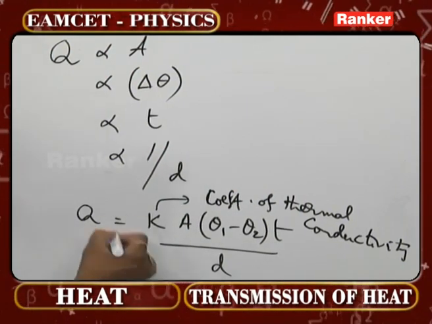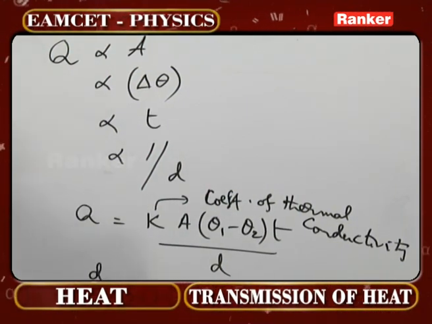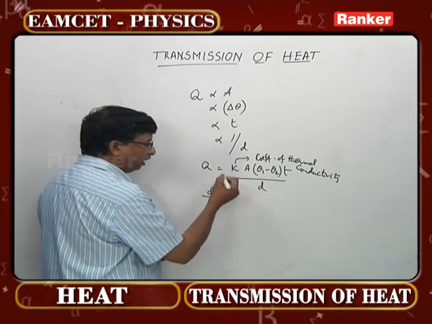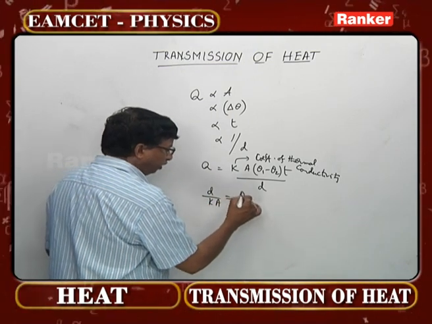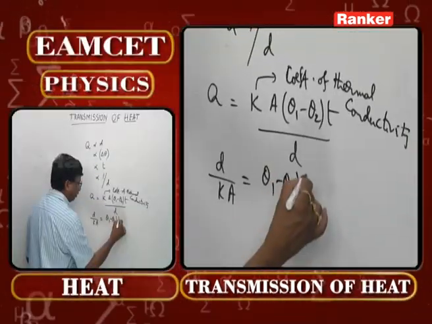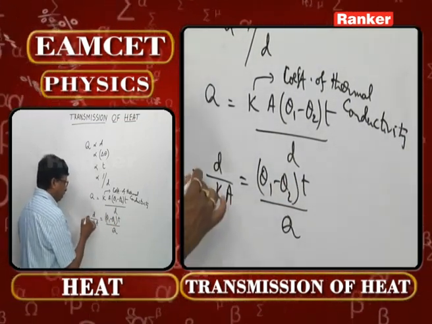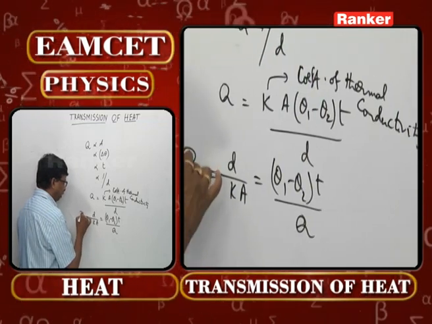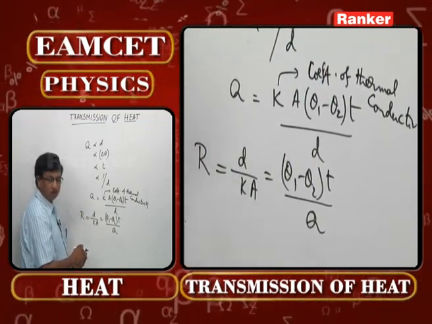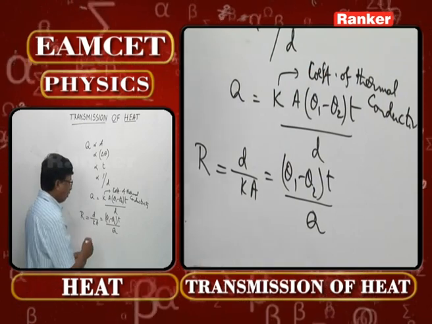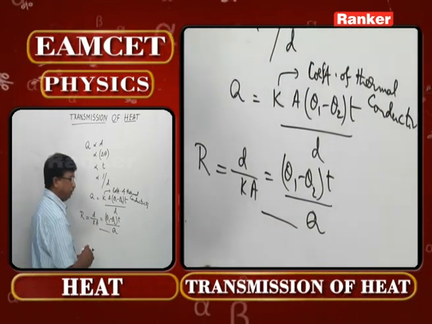Coming to the second one, from this equation, D by K A, when I write like that, it is equal to (theta 1 minus theta 2) T whole divided by Q. This D by K A, we call it as R, which is called thermal resistance. What is the application of this formula?